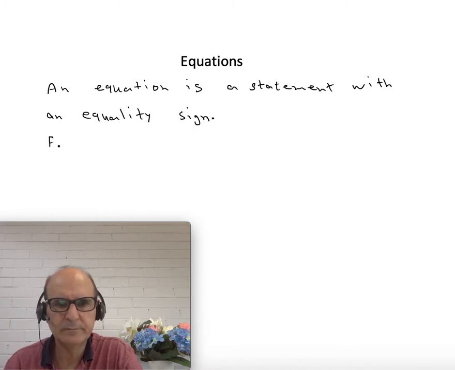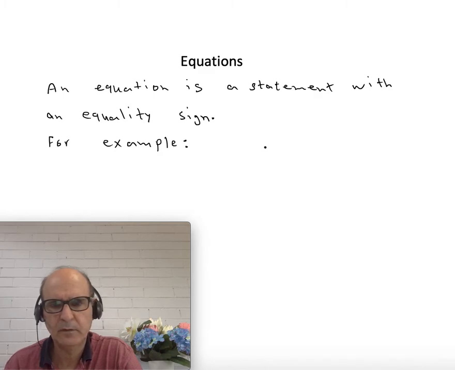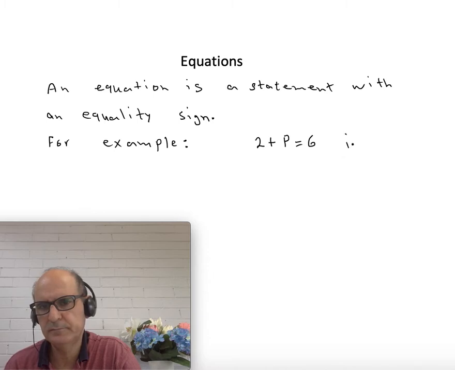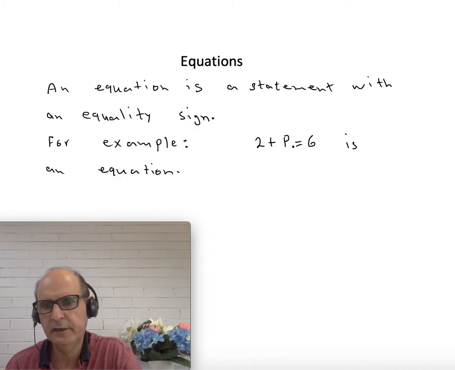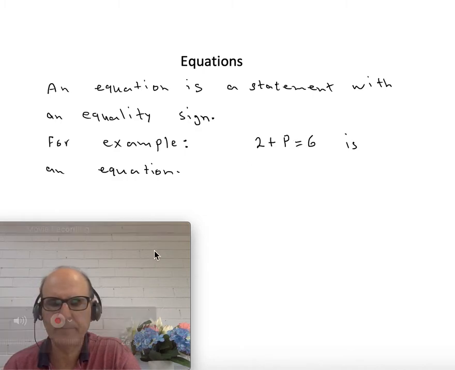For example, 2 plus p equal to 6 is an equation. Why? Because it has an equality sign in that. There is an equality sign here.